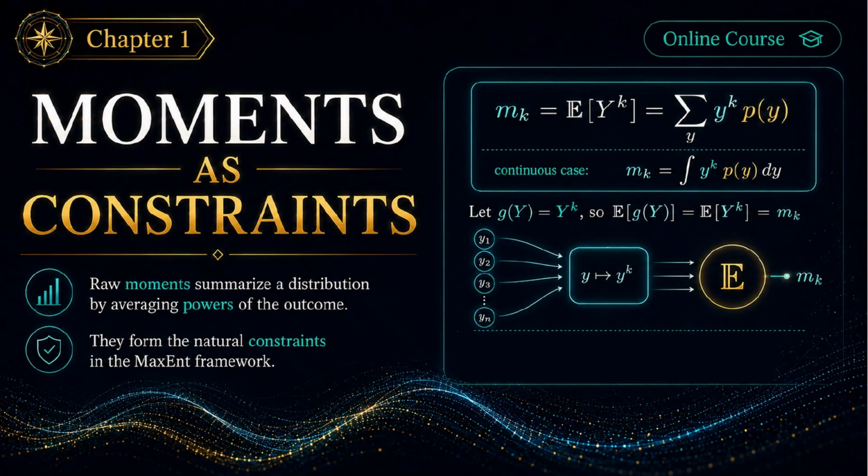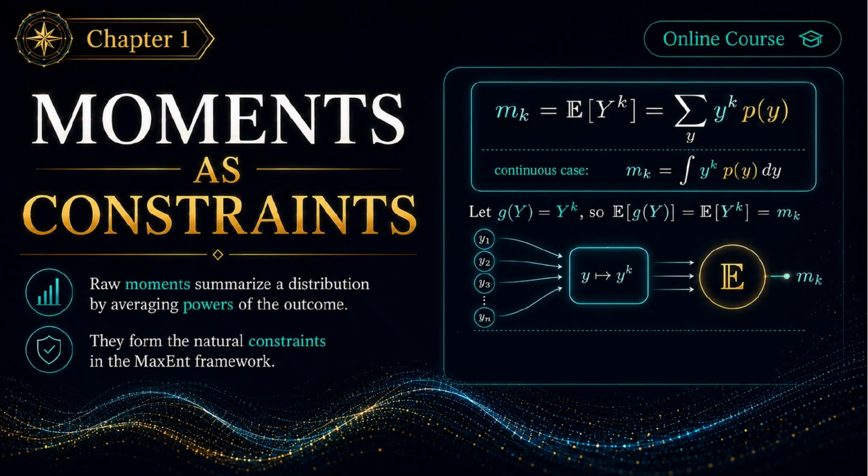The k represents which moment we're talking about, and it is simply the expected value of our variable y to the kth power. To get that, we take y to the k for every probability of y and sum or integrate all of those, and that gives us the expected value of y to the k. And of course, for the continuous case, we have integrals instead.